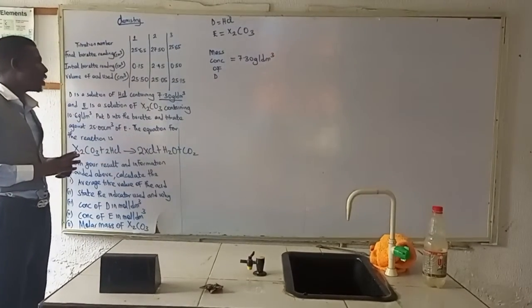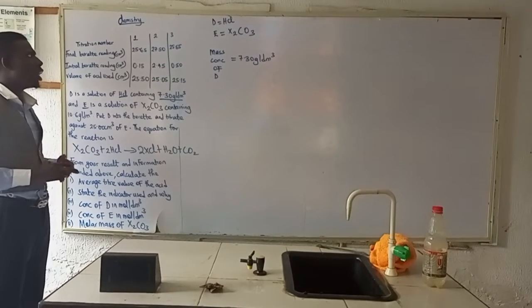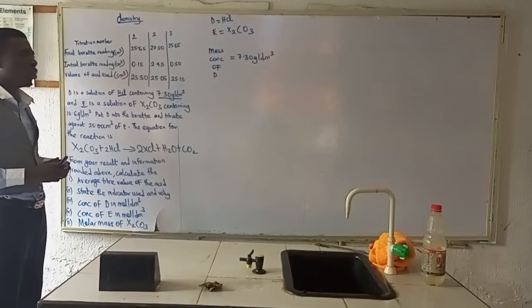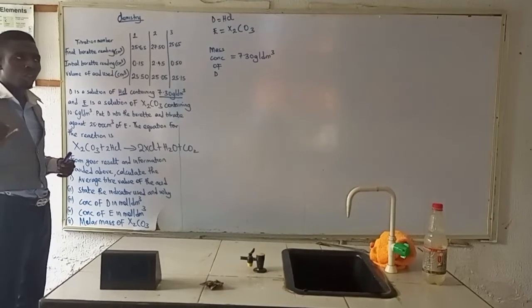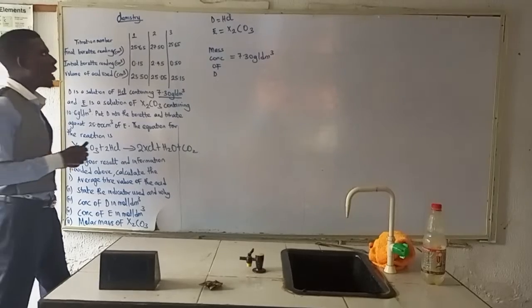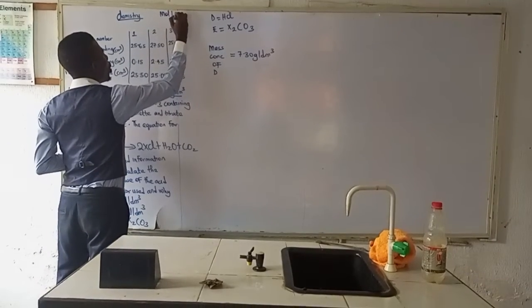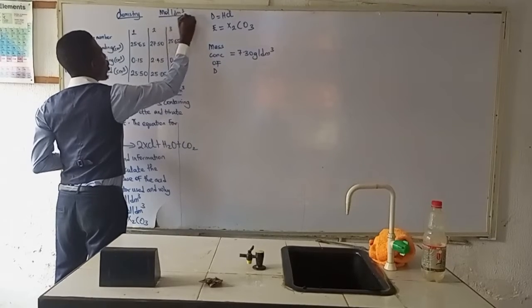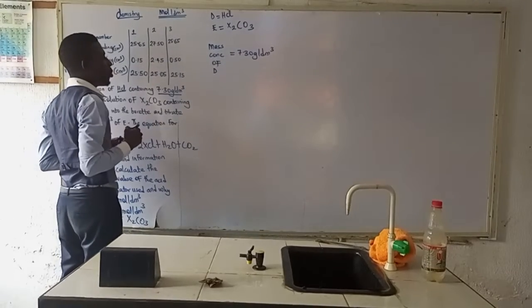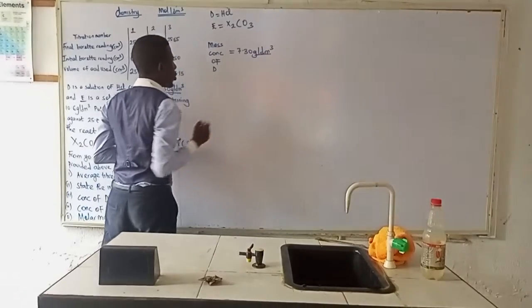Now the next question is, how do I know that 7.30 is the mass concentration? We have two types of concentration. Number one, molar concentration, and number two, mass concentration. The unit of molar concentration is mole per dm cube, while that of mass concentration is gram per dm cube.